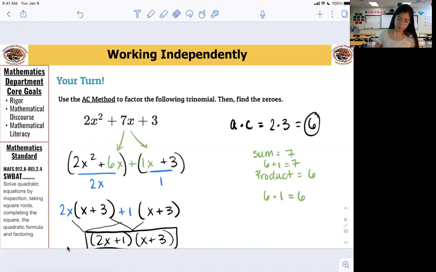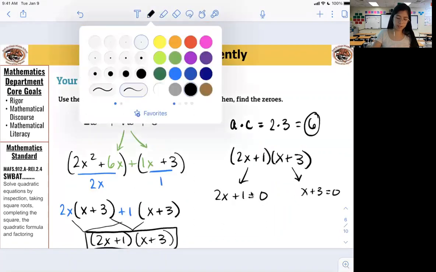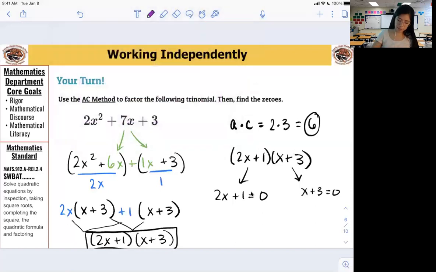And my zeros. Let me bring this over here. I split it up, set it equal to 0. Here, what do I do to both sides? Good, minus 1.